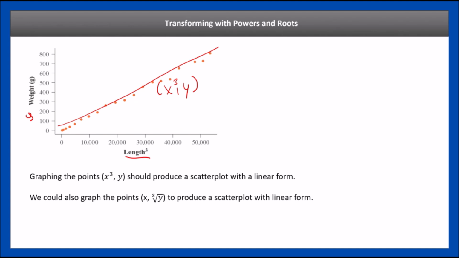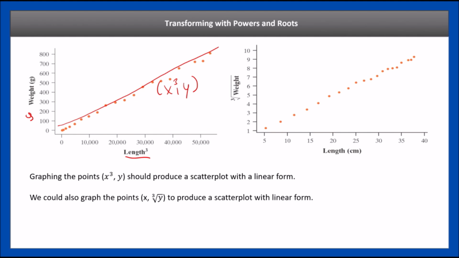So this time, what happens if we instead just leave this as x, but take the cube root of the weight instead? How is the data going to look? Well, it's going to be linear as well, but obviously it's not going to be the same line because it's a different model, a cube root model.